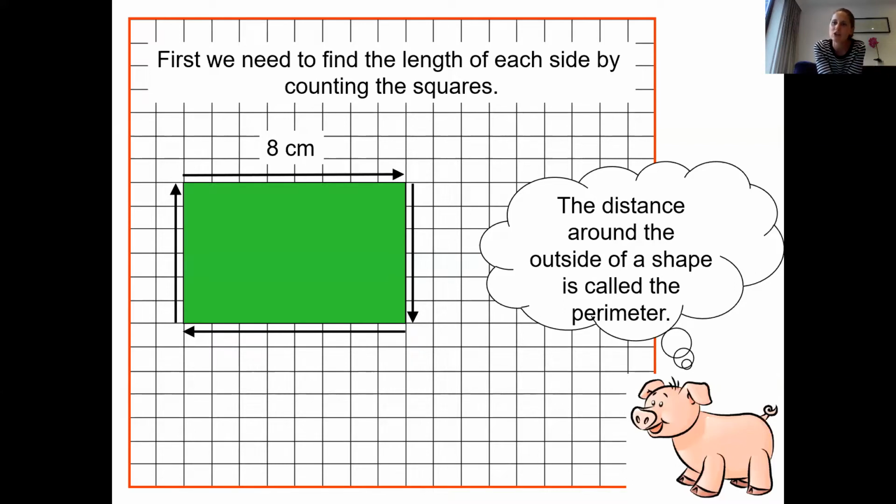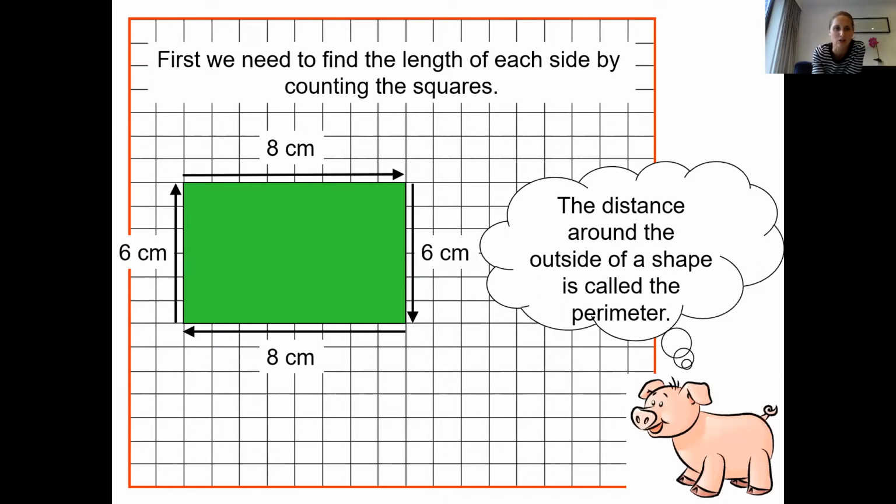The first thing you need to do to find the perimeter is to know the length of every single side. You can do this by counting the number of squares, or you might need to measure using a ruler. Here we can see this shape is 8 centimetres by 6 centimetres by 8 centimetres by 6 centimetres.